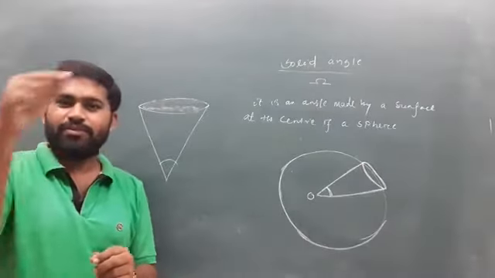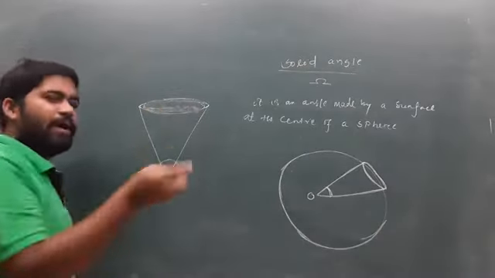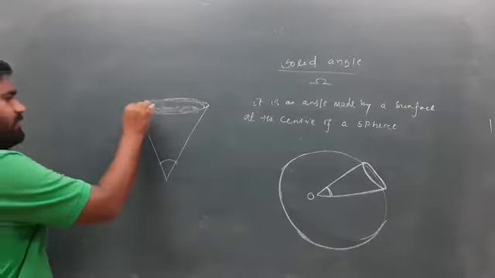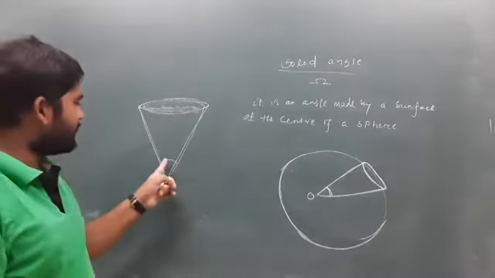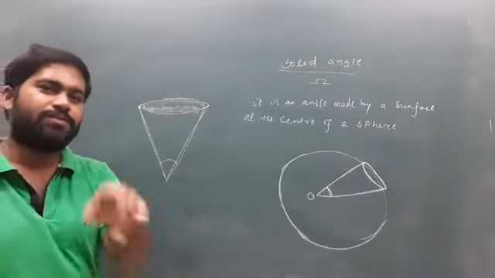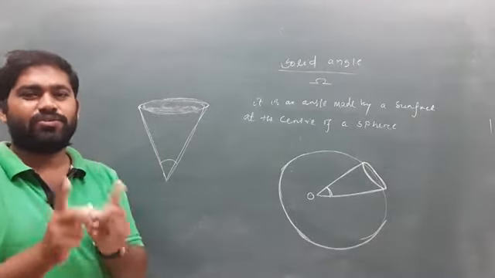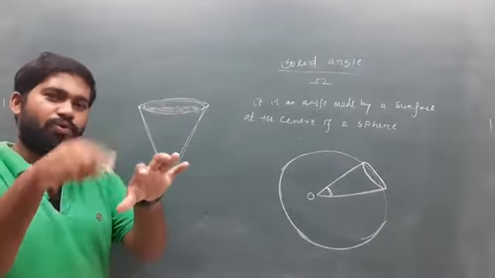In the cone, the upper surface is that marked surface that you marked on the solid sphere. That surface makes an angle at the center of the sphere, and that angle is called solid angle. Simply, imagine a cone ice cream.